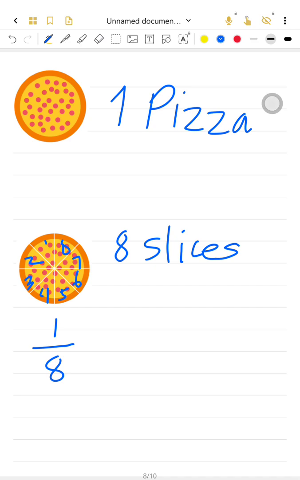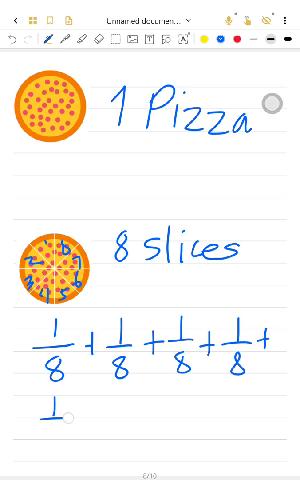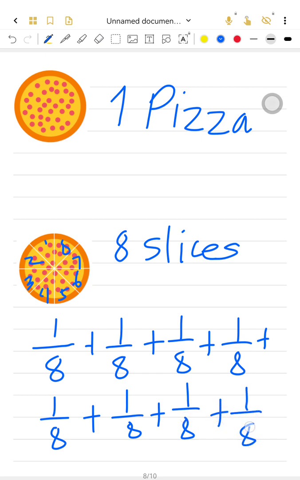So if we are going to add all this 1/8, we have 1/8 plus 1/8, another 1/8, and so on, up to the last 1/8.